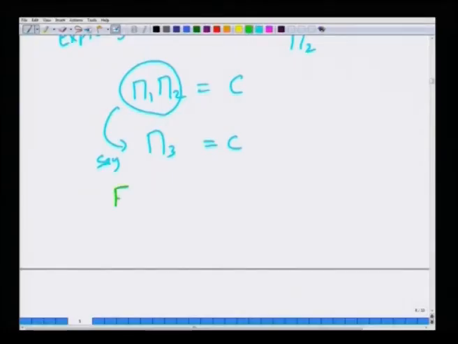What is this pi 3? We can write the two non-dimensional groups, f by rho v squared d squared times rho v d by mu, is a constant.